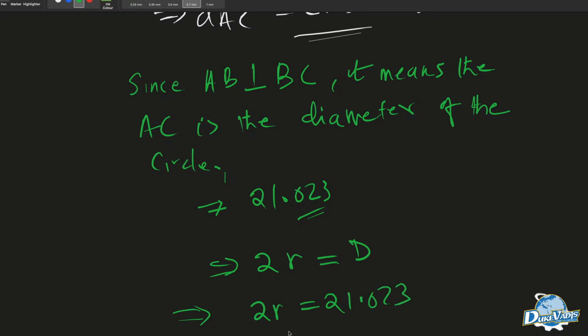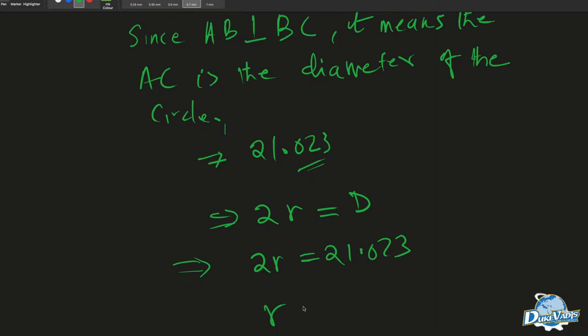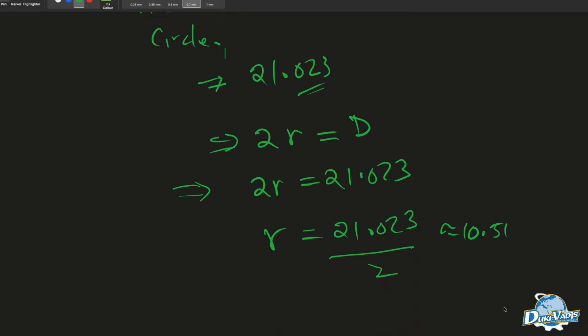So our radius of the circle will be this number divided by 2. That will be equivalent to 10.51 units. So we have the radius to be that.